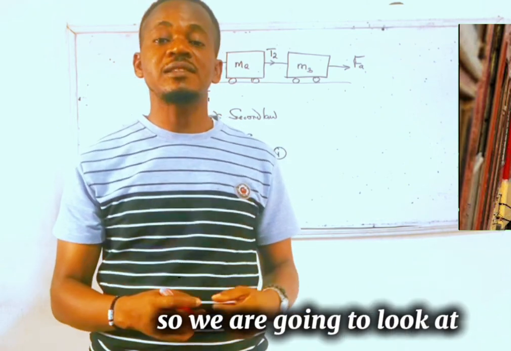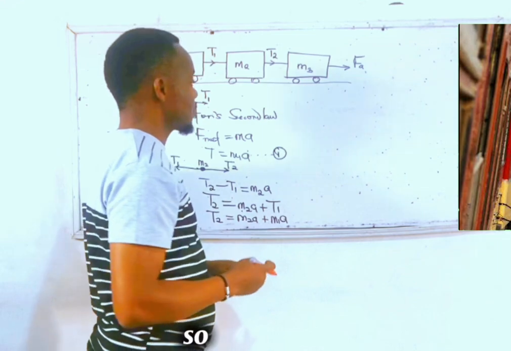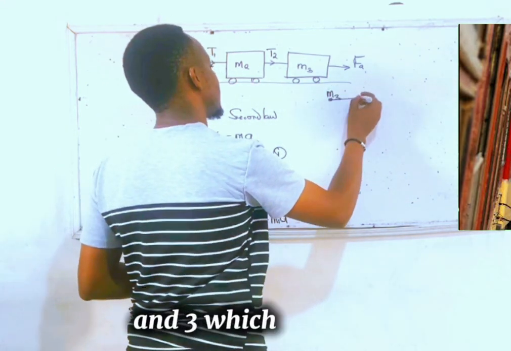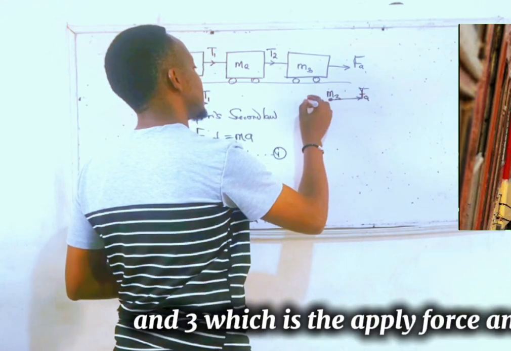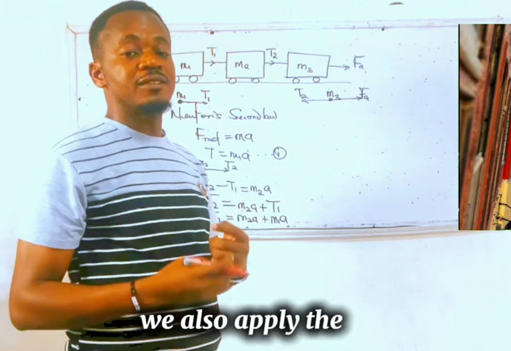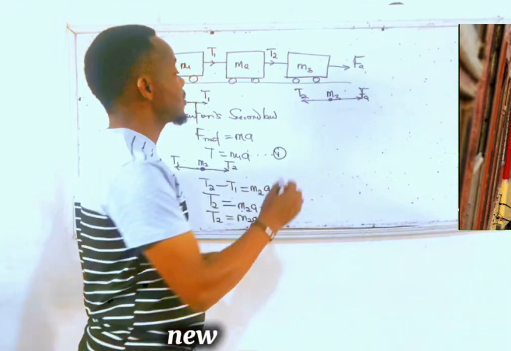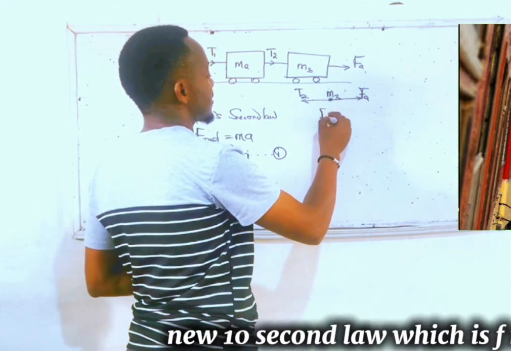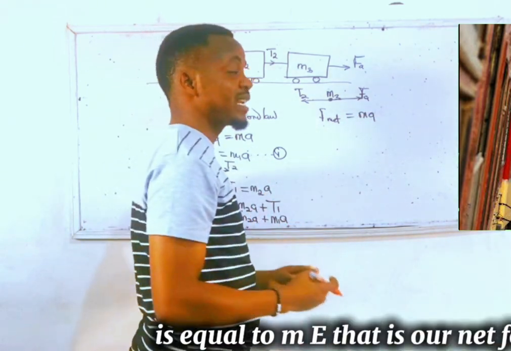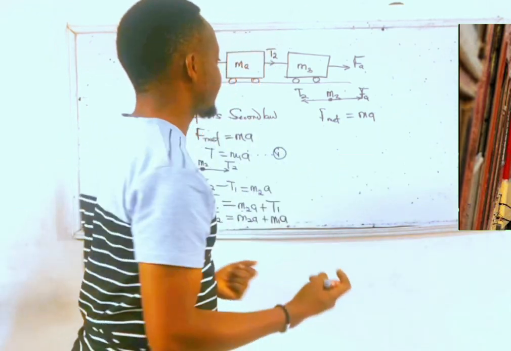So we are going to look at the forces acting on M3. We'll consider the mass M3, which has the applied force and the tension T2. We'll also apply Newton's second law to the mass M3, which is F net is equal to MA. That is, our net force is the difference between the two forces acting on M3.